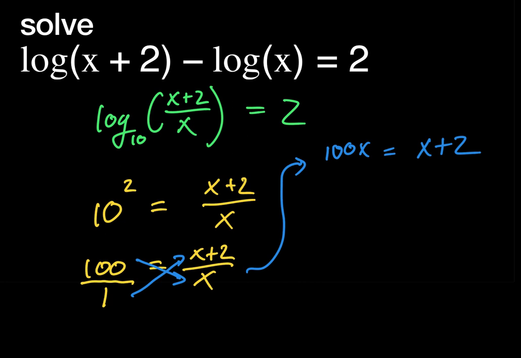So either way, I was going to multiply this side by x, and I was going to multiply this side by x, so that way the x's reduce. I'm still left with the same thing over here on the right. Subtract x from both sides.